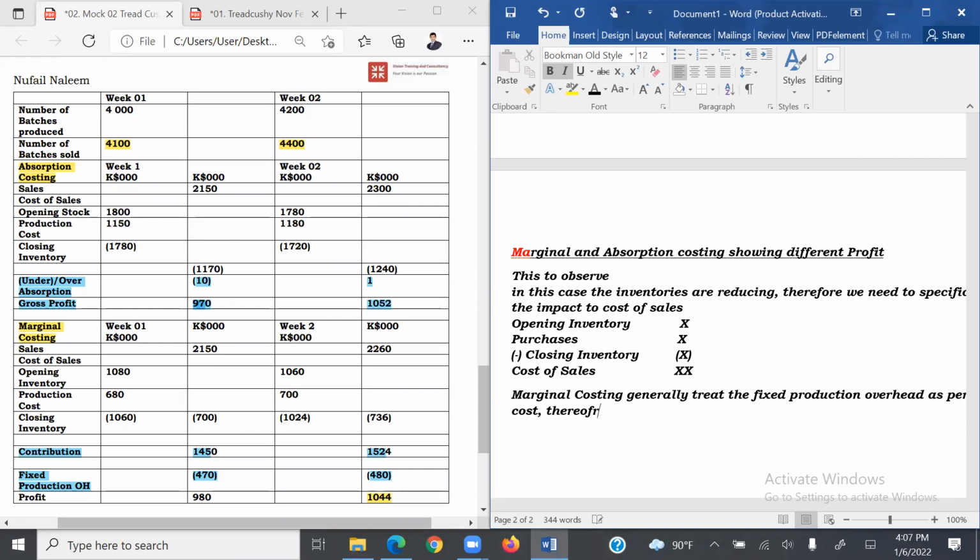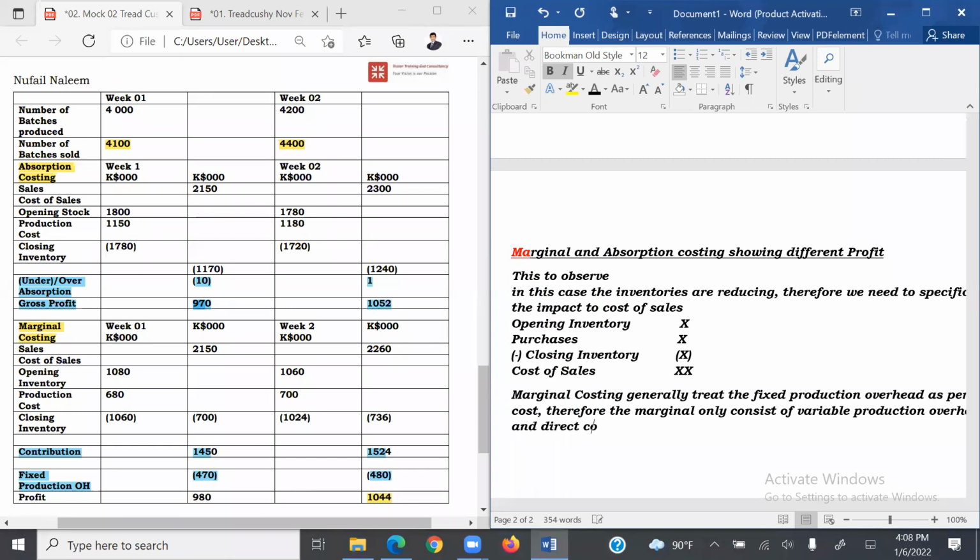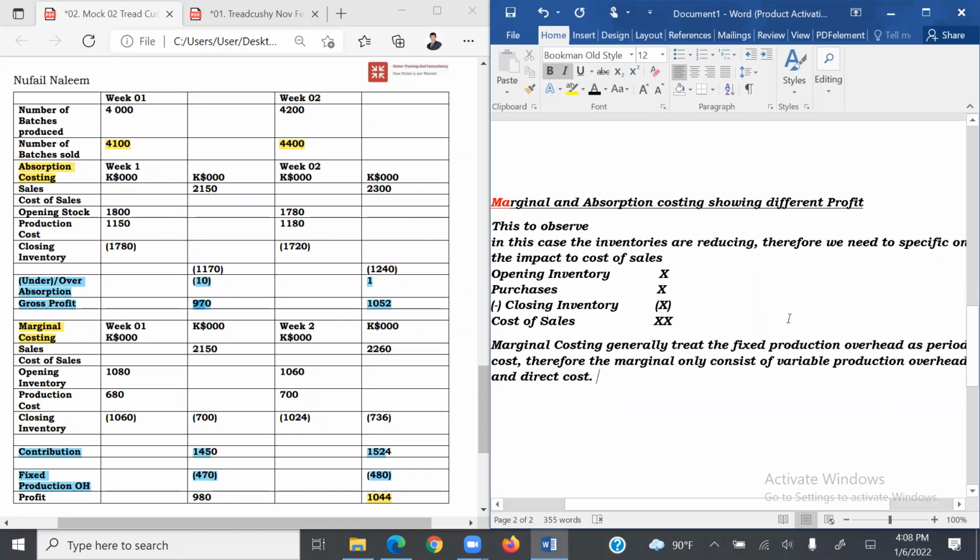Therefore, the marginal cost only consists of variable production overhead. That means you do not have fixed production overhead, only variable production overhead and direct cost, because this is the basic understanding here, students.